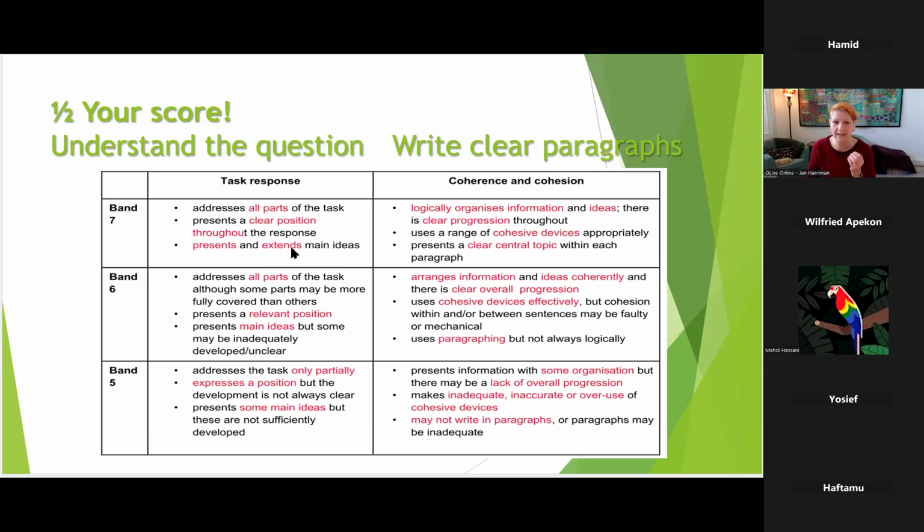Presents and extends the main ideas. Coherence and cohesion. So that's understanding the question. Logically organizes information and ideas with a clear progression throughout. Uses a range of cohesive devices and presents a clear central topic within each paragraph. That's all it takes. A little planning can earn half your mark.